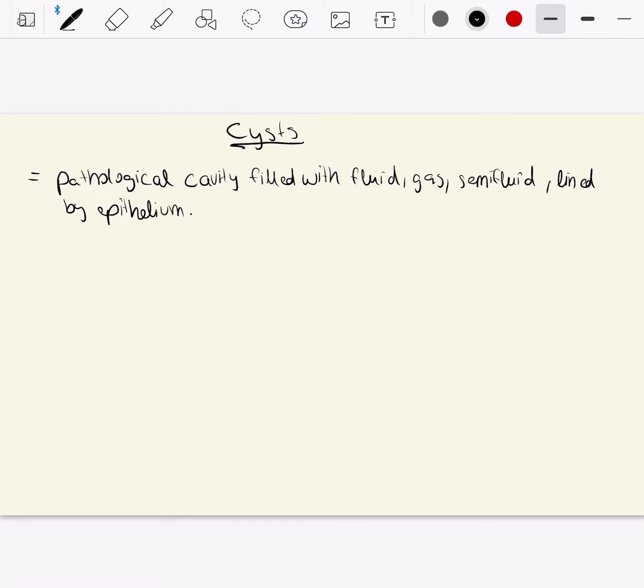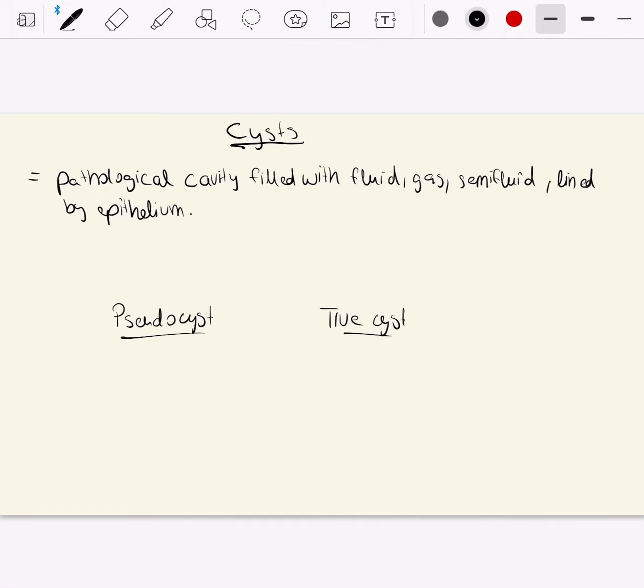So, actually there are two types of cyst. The so-called pseudocyst, you must have heard about it, and the true cyst. There's a difference between them.